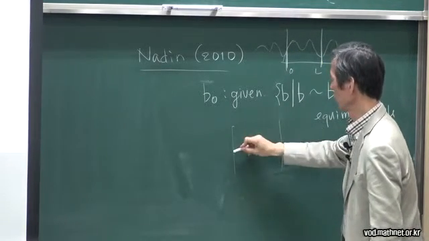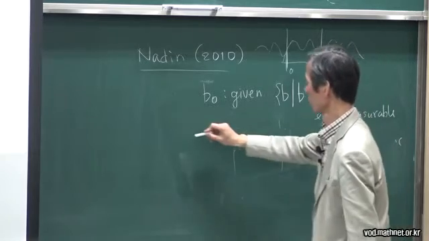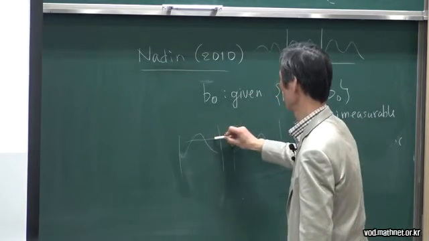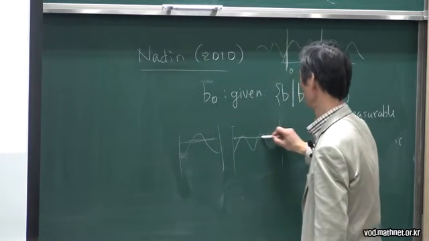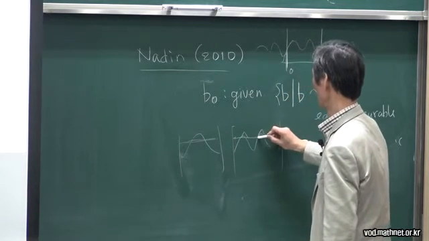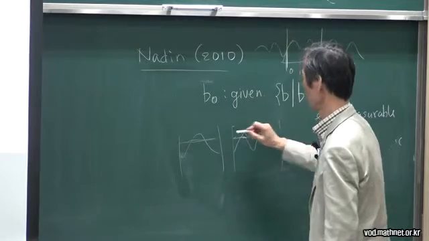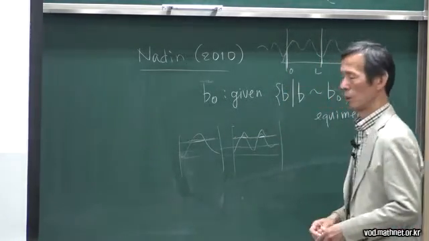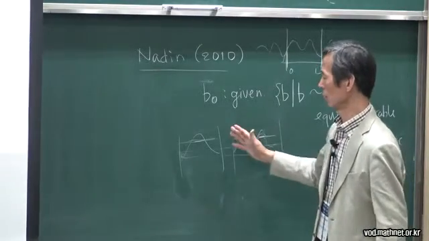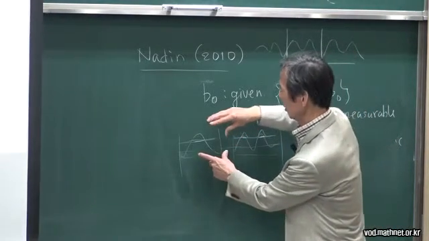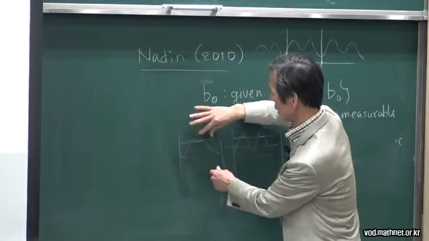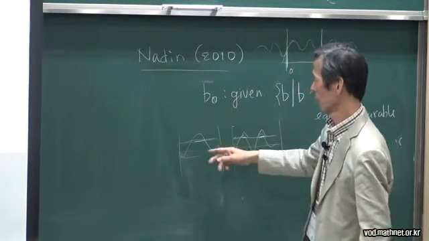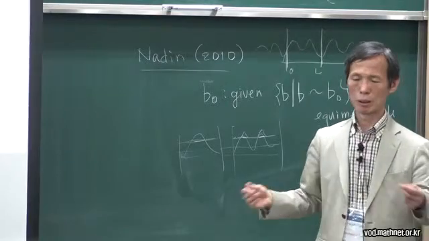Two functions being equimeasurable means that their distribution function is the same. For every level, this length, the sum is the same as this one. This is called equimeasurable. Which means that all you need is just deform the graph horizontally, not vertically. Then you get equimeasurable functions.